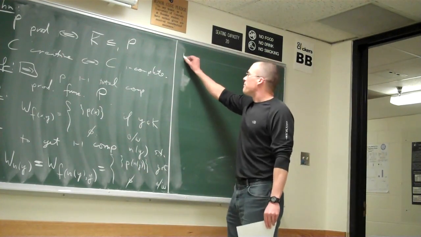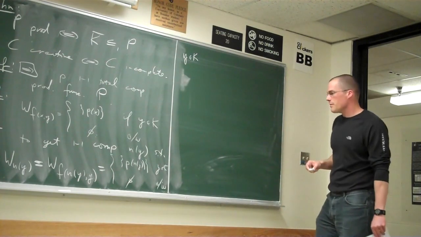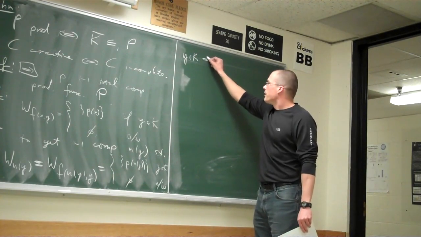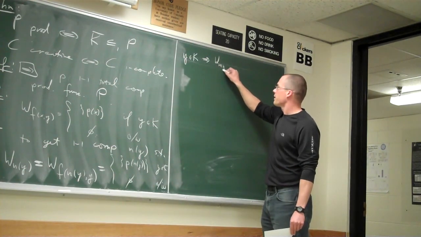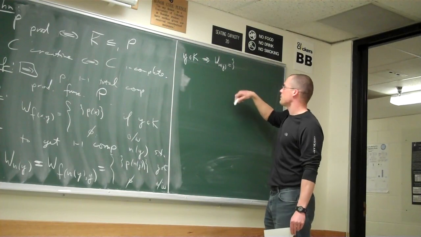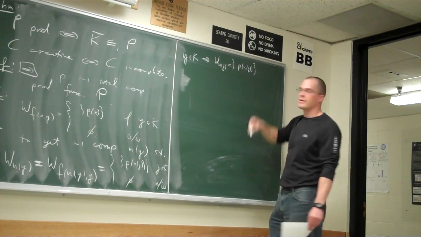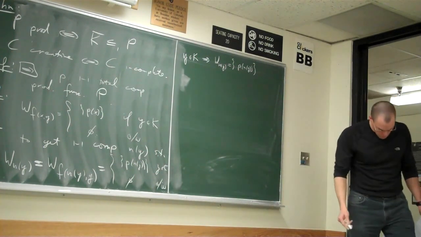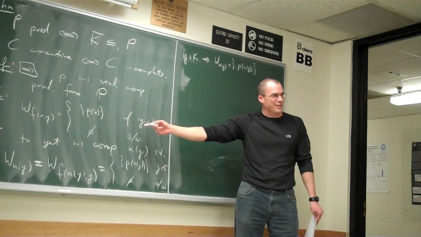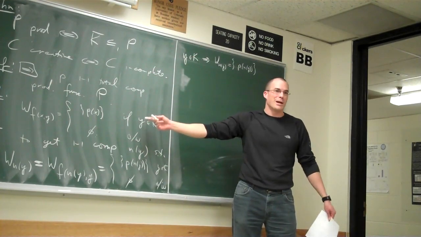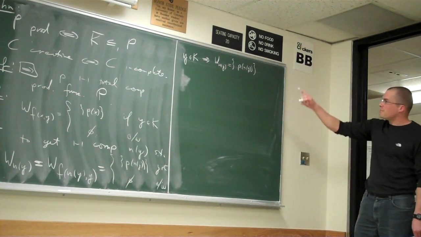So if y is in K, then W of ny is equal to P of ny, right? It's a singleton. And now you notice, right? Here it looks like I was just randomly playing around with these functions, which maybe I was at that time, but here you can see what happens.